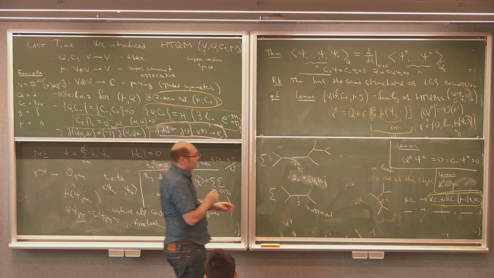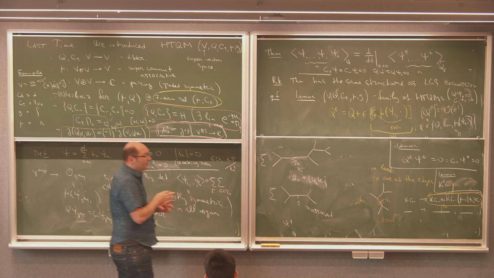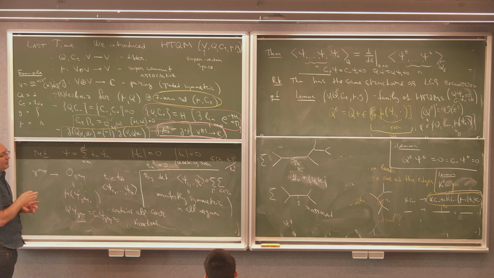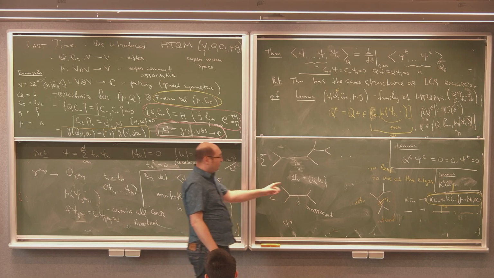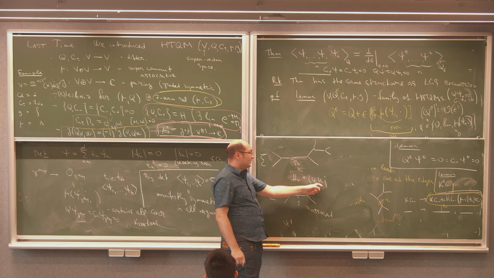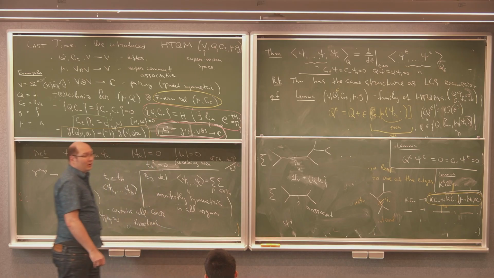And then we trade this pi naught for identity, and with the identity insertion we can rearrange our graph using associativity, and the difference between pi naught and identity insertion is Q exact.